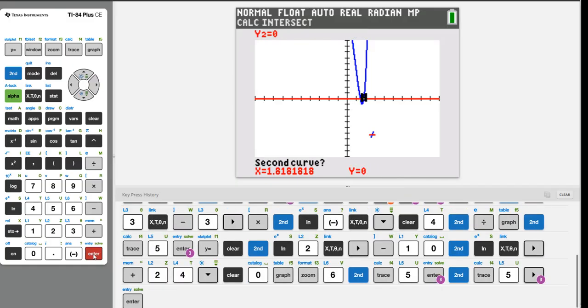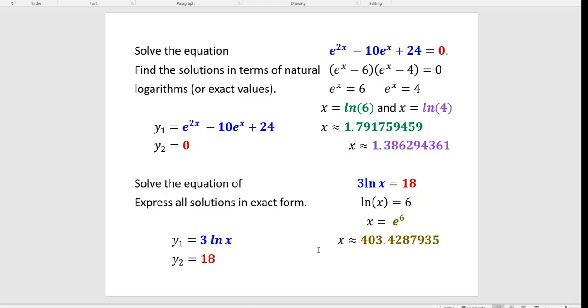Press enter 3 times. Notice the intersection x equal to 1.7917595 at the bottom of the screen. Comparing to our previous answer, this is the natural log of 6. We have confirmed our second answer.